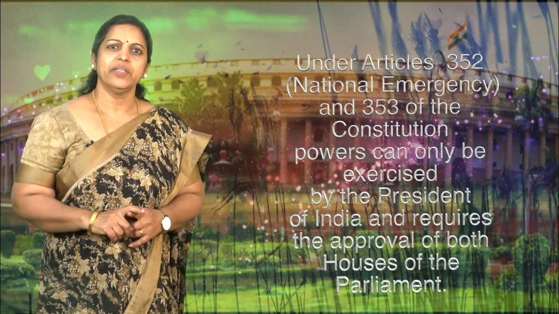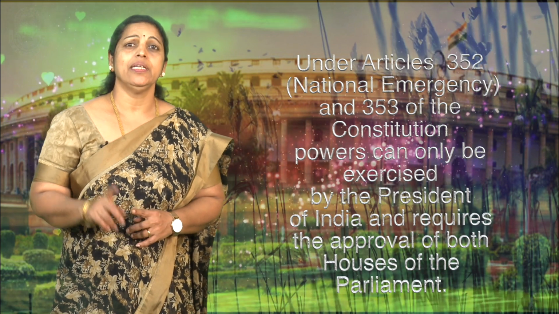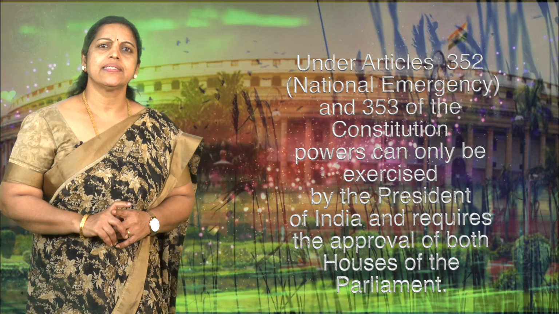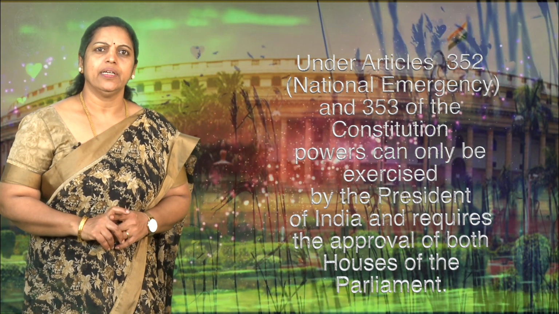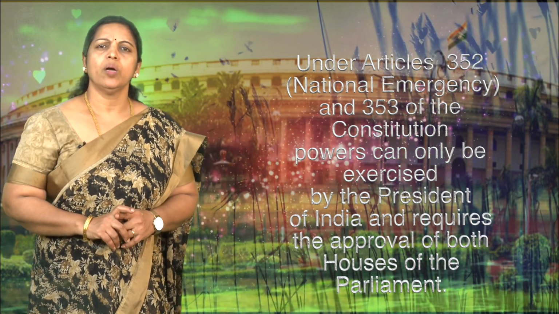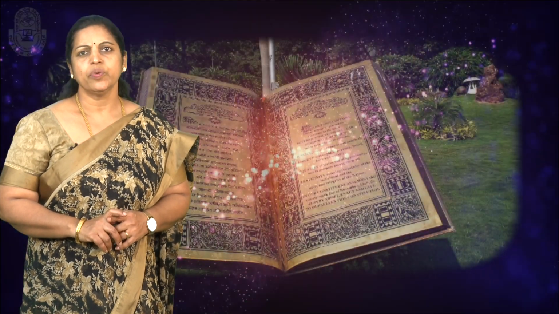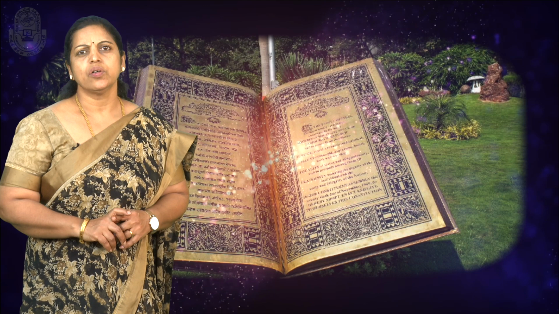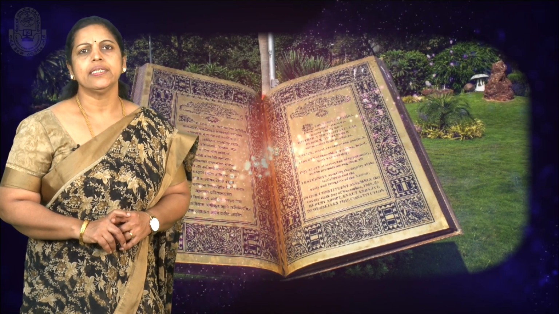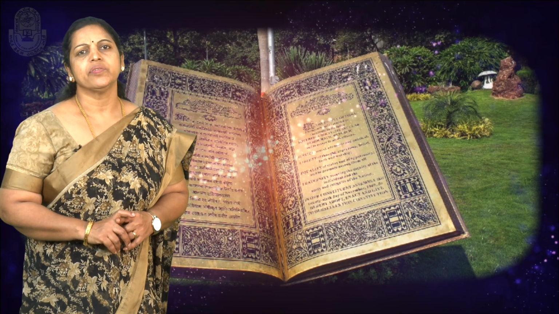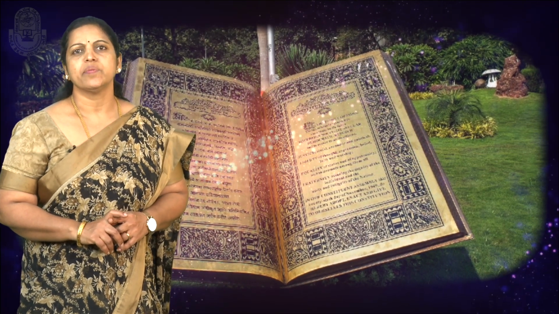Under Articles 352 and 353 of the Constitution, powers can only be exercised by the President of India, and it requires the approval of both houses of Parliament. These provisions make the Indian Constitution both unitary as well as federal, according to the requirements of the time and circumstances.